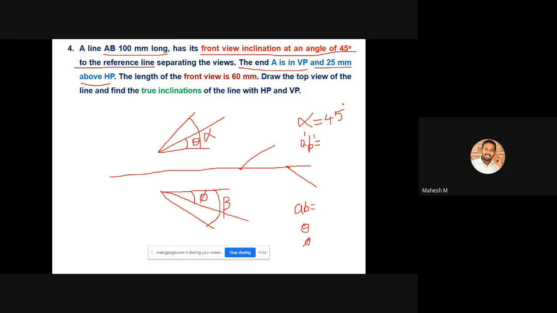So we have to find the value for AB, the value for theta and the value for phi. So this is our problem. Clear? Is there any doubt regarding the problem? Okay.